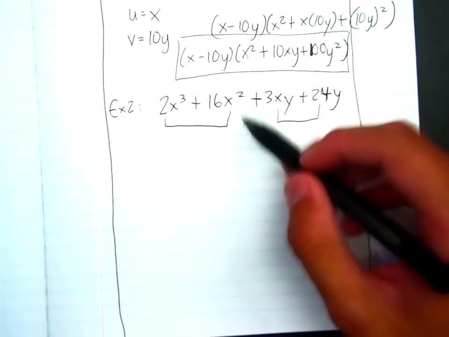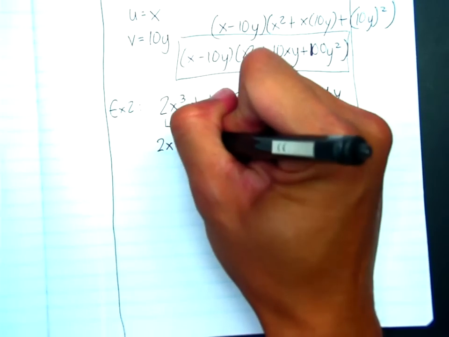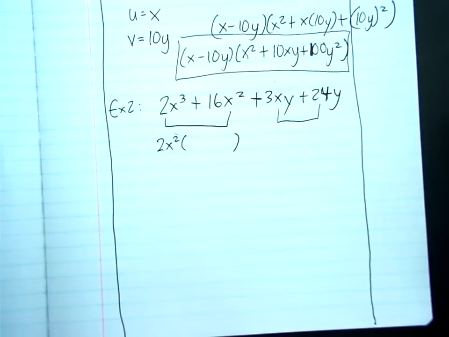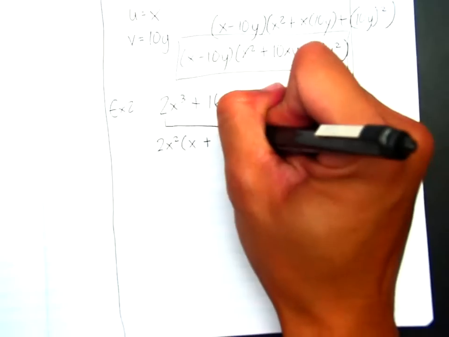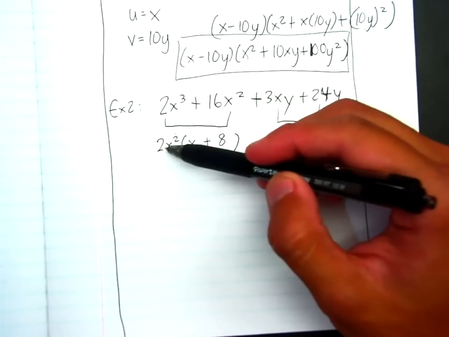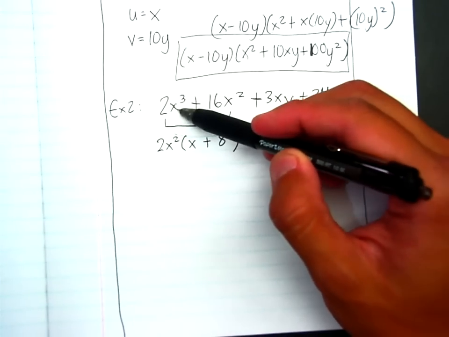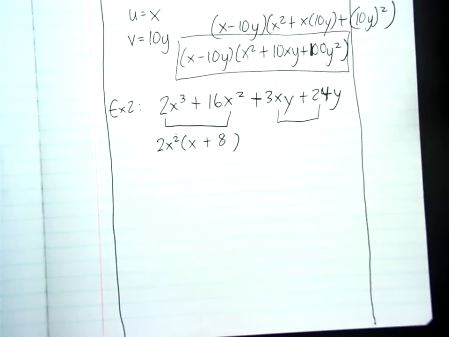So if I look here, the common factor is 2x squared. And what I'm going to be left with is x plus 8. In order to check yourself, maybe you want to multiply it back to just check. So 2x squared times x is 2x cubed, and 2x squared times 8 is 16x squared.